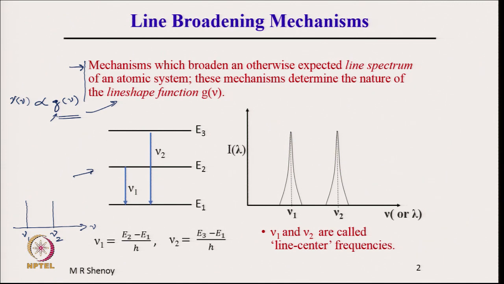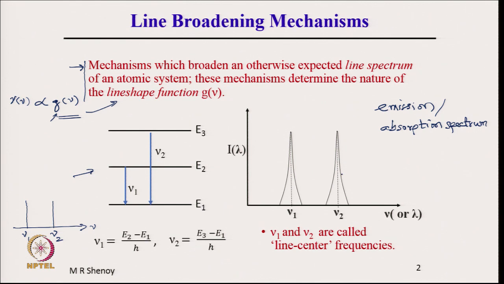But as discussed in the last class, when we observe the emission or absorption spectrum, we see a finite width over which emission or absorption takes place.